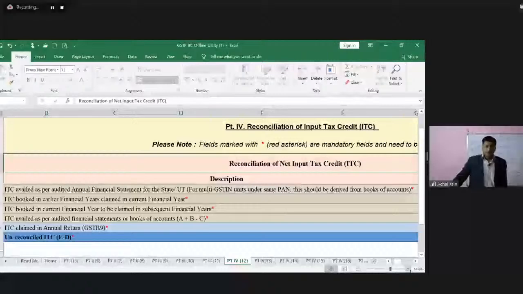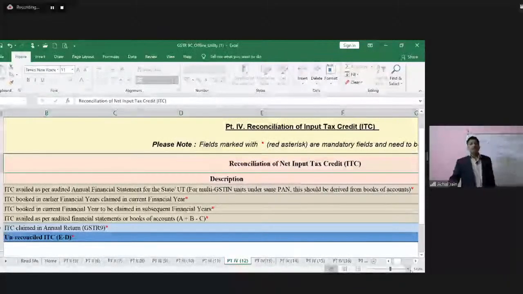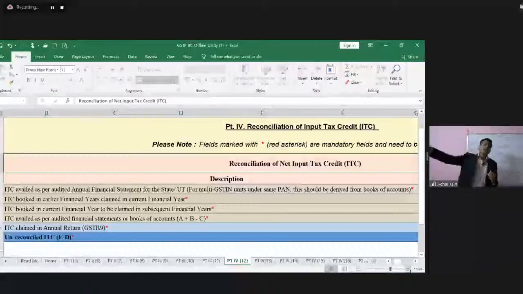Then input tax credit which was booked in earlier financial year, but that has been claimed in current financial year, which is allowed and possible up to a certain time limit. Then there could be certain input tax credit which has been booked in current financial year, but which will be claimed in next financial year. Yeah. And then we reach to the input tax credit which is as per the audited books of accounts.